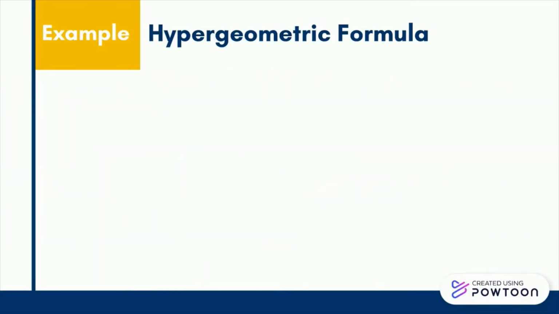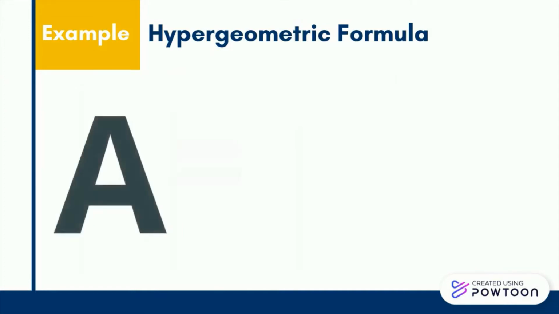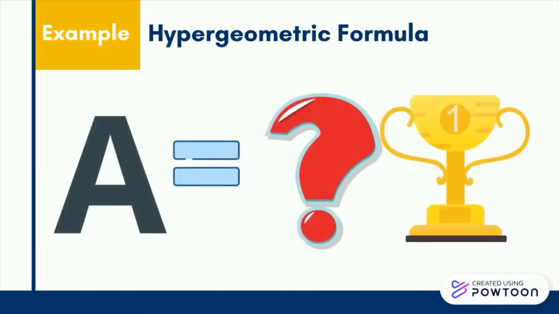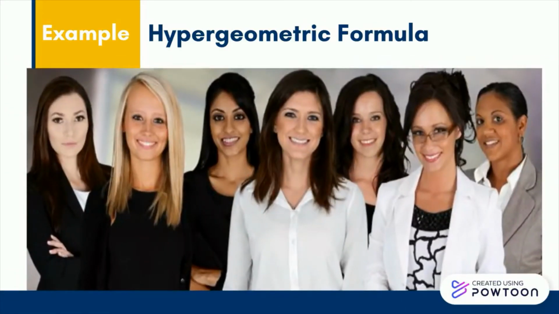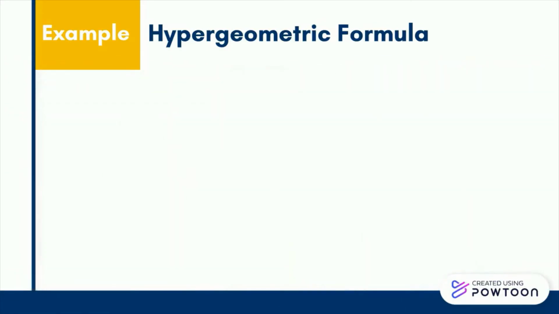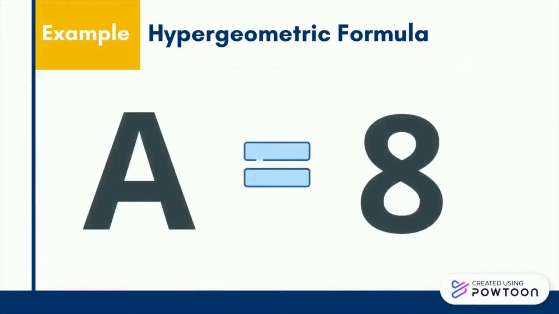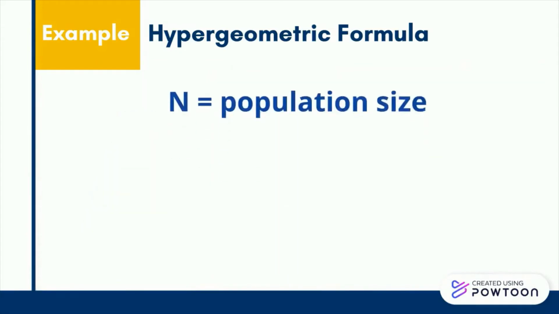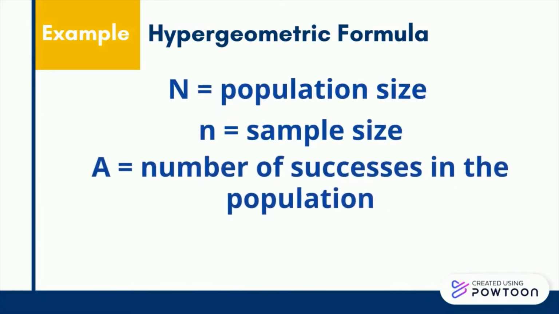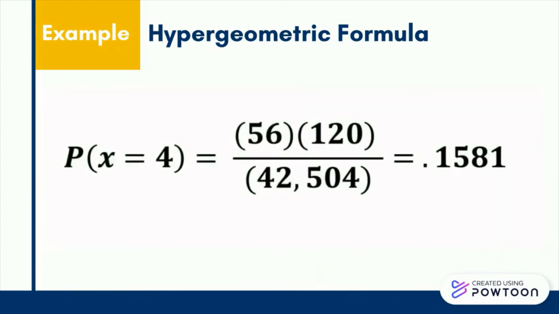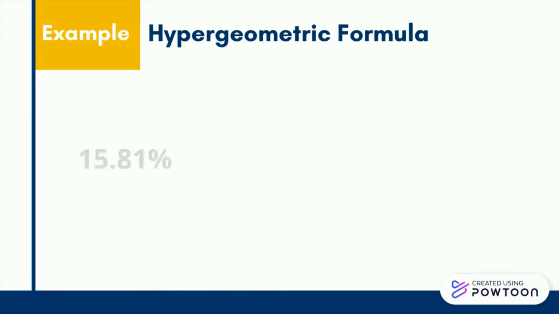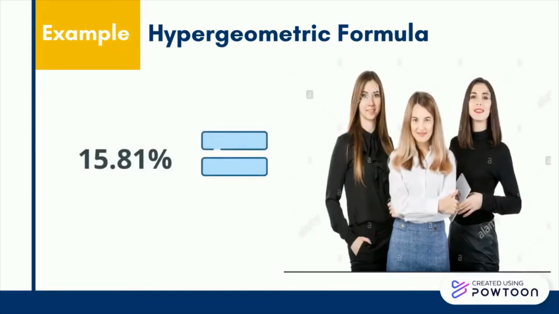In the formula, the value of A is the number of successes, which in this case is the 8 women applicants. Hence, the value of A is 8. After evaluating each counting rule in the formula, we will arrive at this equation. In a sample of 5, there is a 15.81% chance that 3 will be women.